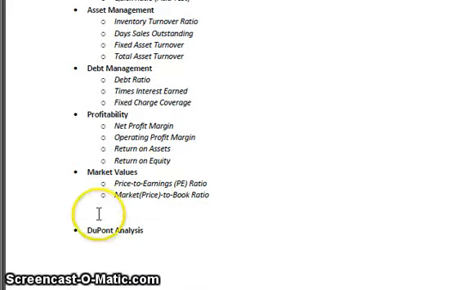All right, these last two ratios have to do with stock prices. So if we were actually going to invest in this company, what kind of return are we going to get? These are very basic. There's an innumerable number of stock type formulas.